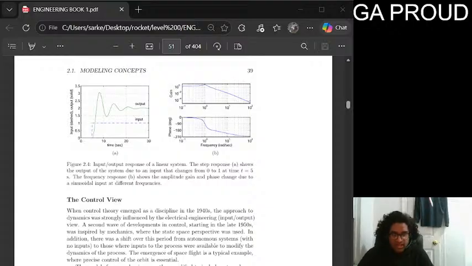Now convert to state variables. We define x1 as h and x2 as v. The derivative of altitude, x1 dot, is x2, because x1 is h, and if I take the derivative of x1, I end up with h dot, which is v.